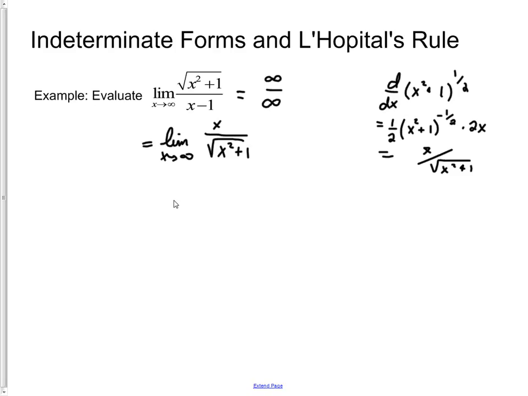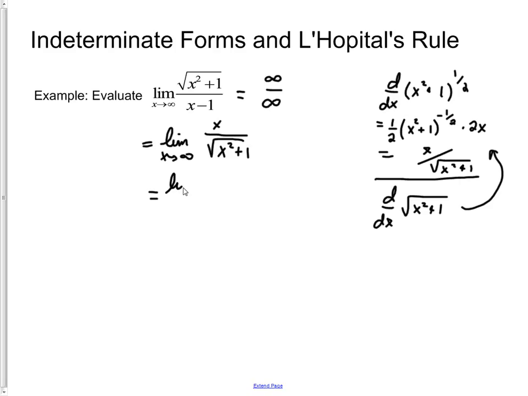Now what? Well, let's see. What else could we say? In this case, let's try it again. We're going to take the derivative of our denominator. The derivative of the denominator is the same as what we just did before, because if we take that derivative, we get this again.